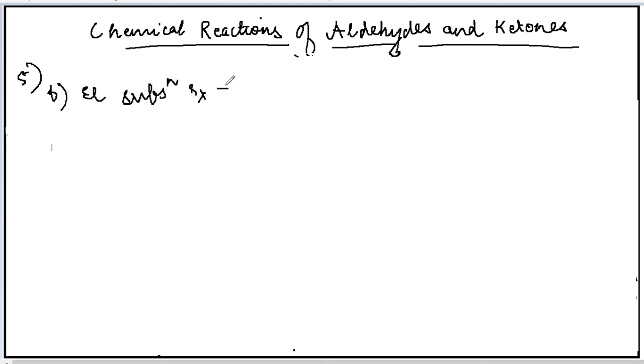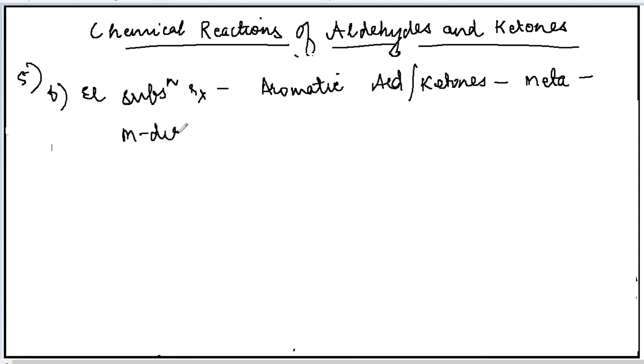Electrophilic substitution reaction is given only by the aromatic aldehydes or ketones. They bring about the substitution of the electrophile at the meta position. So we can say that these aldehydes and ketones are meta directing groups. They are meta directing in nature.